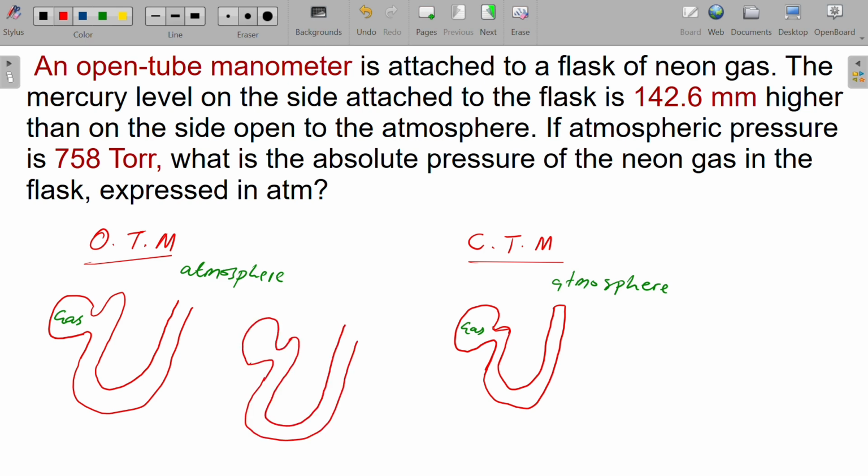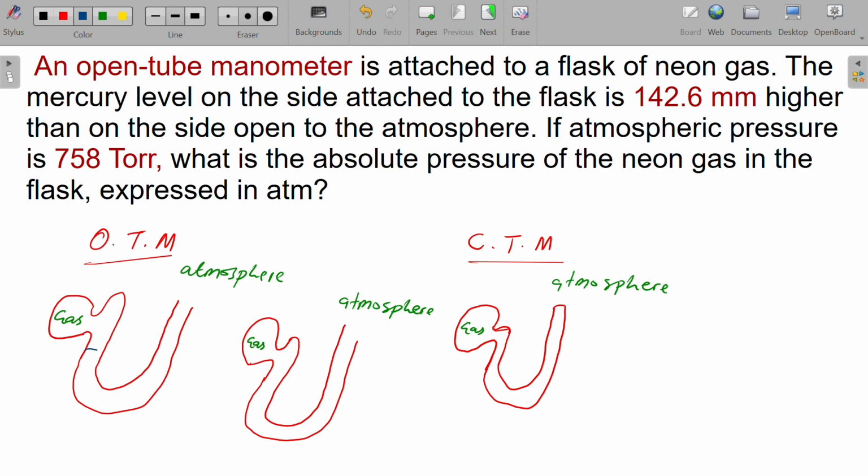All right. So we still have the same thing. We have gas here, and then we have the atmosphere on the other side. Now we have a liquid that we use inside the manometer. Mostly we use mercury.